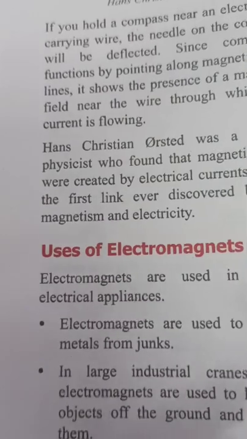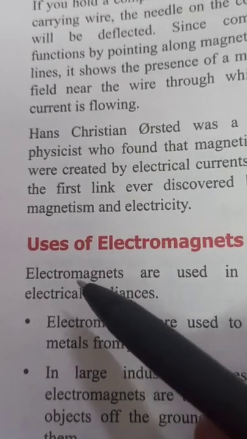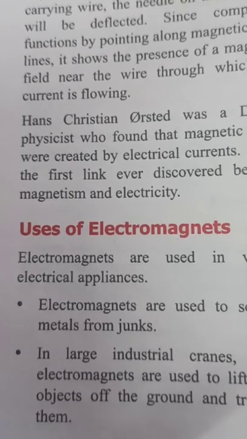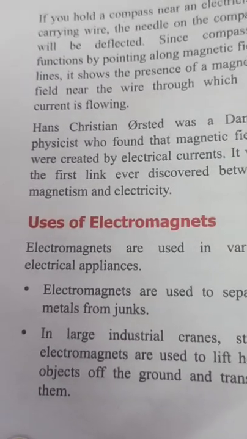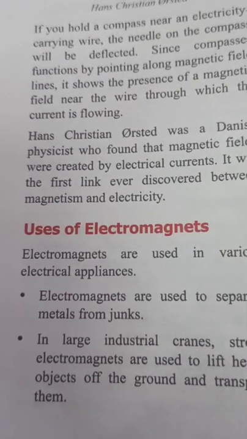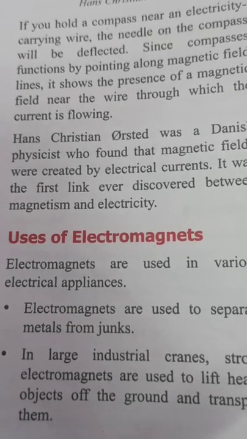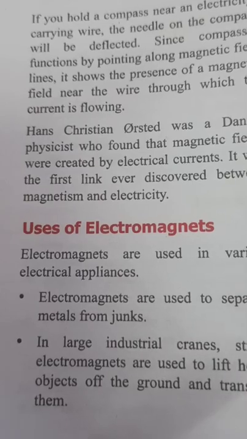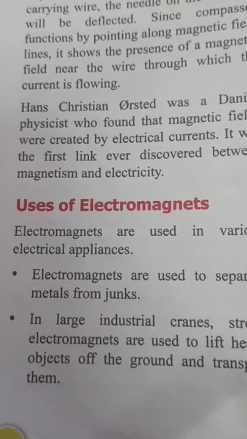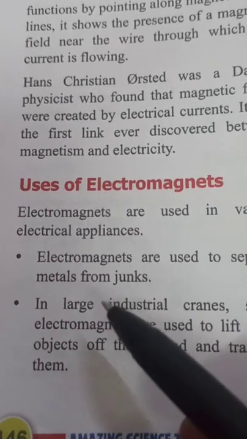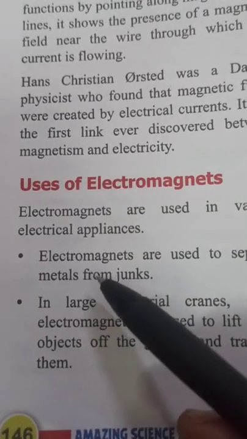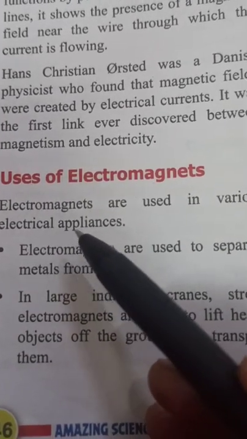After this, the next topic is uses of electromagnets. I have already explained to you, children, that there are many kinds of uses of electromagnets, because we can use them in many things. Let's see one by one what they have written in this chapter.